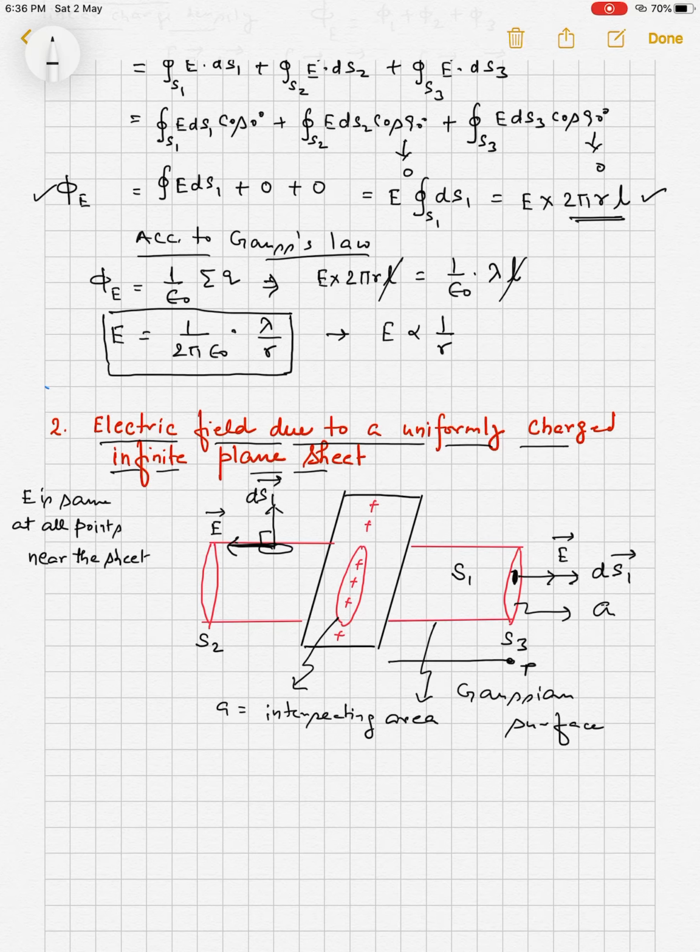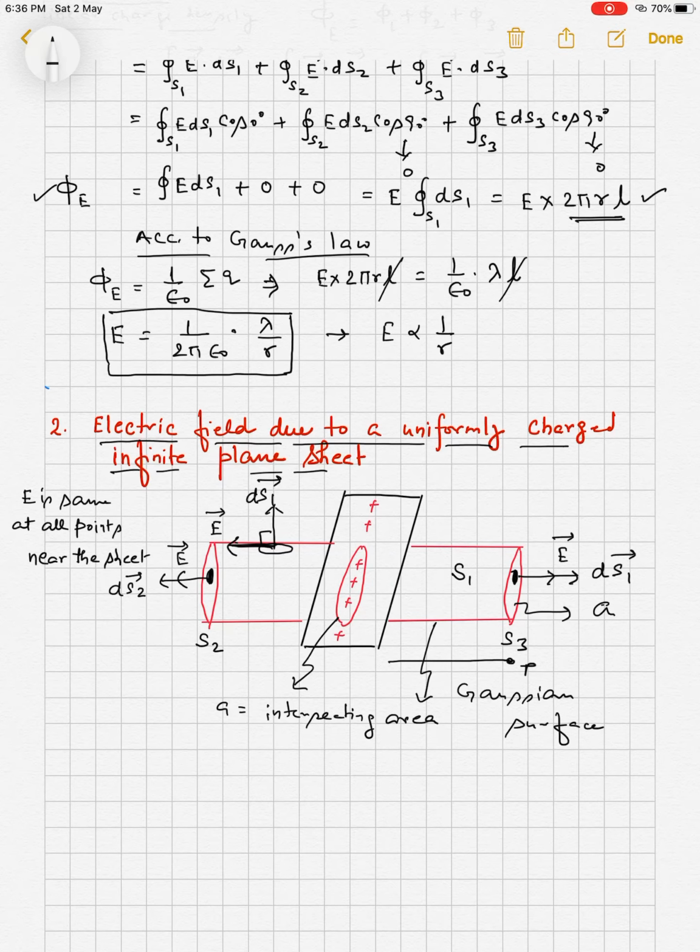For the surface S2, again we consider a small element, area vector ds2, and because it is a positive charge, the electric field is away from the positive charge, so E will be here.